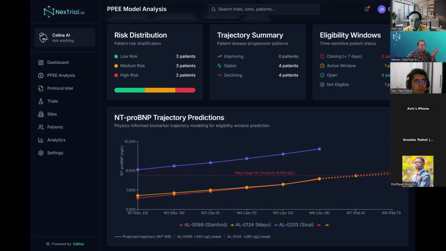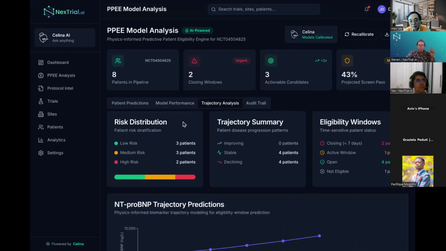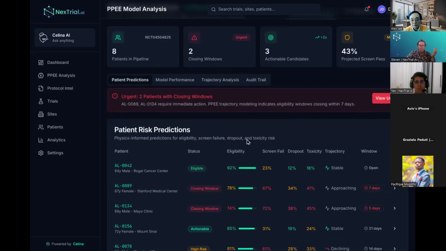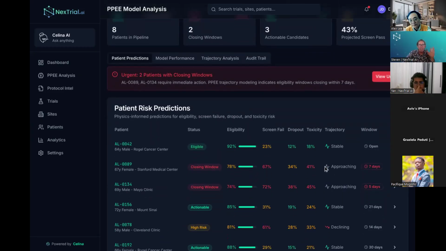So here's the full pipeline, right? Let me jump over here to the full pipeline. You can see the patient predictions. It's clearly articulating 8 patients scored by urgency. You can see the 4 model outputs for each: eligibility, screen fail risk, dropout risk, toxicity risk.